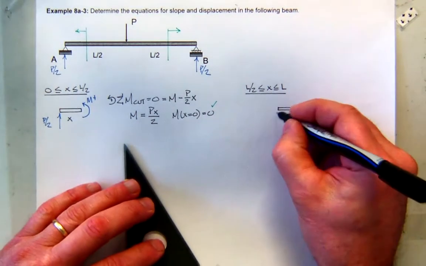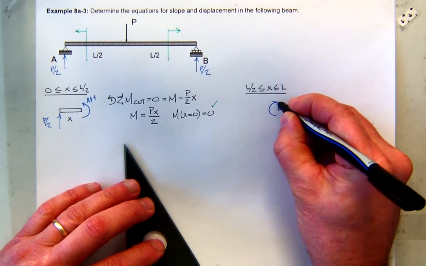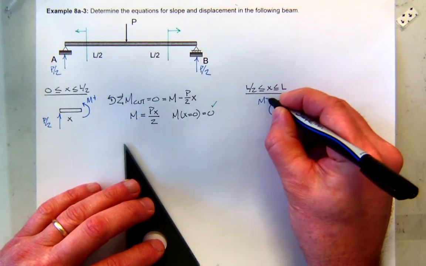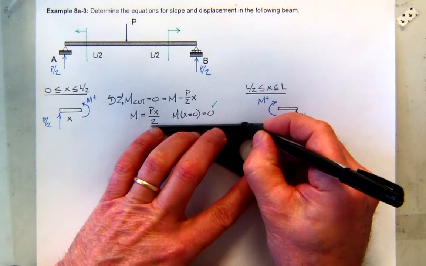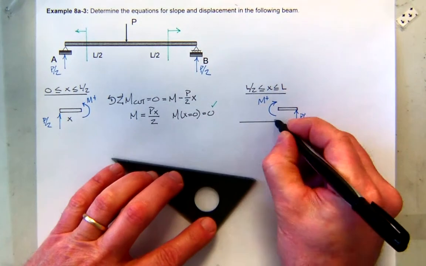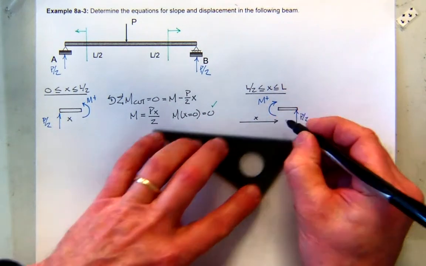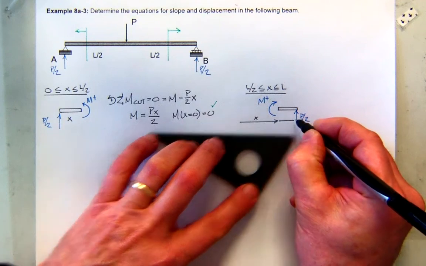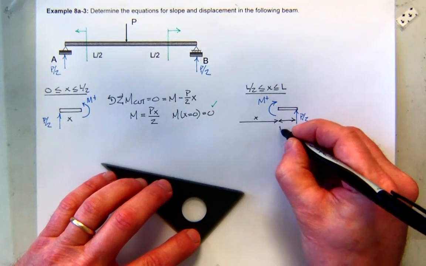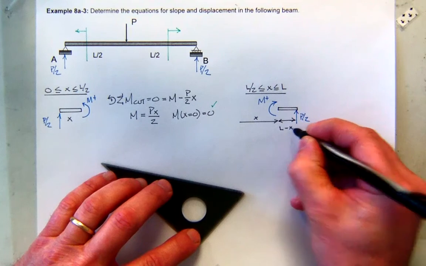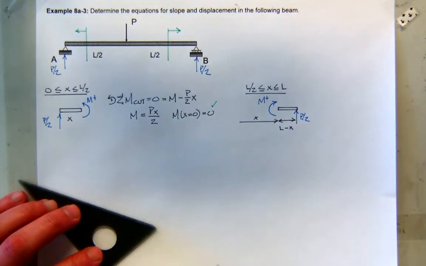And then I'll have my positive bending moment here in the middle. Now that cut from the left is a distance x, so the little segment that I'm left over with, the length of my right-hand free body, would be the length L minus x. Everybody see that?